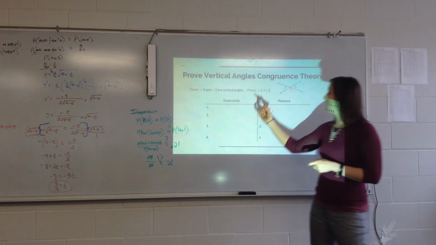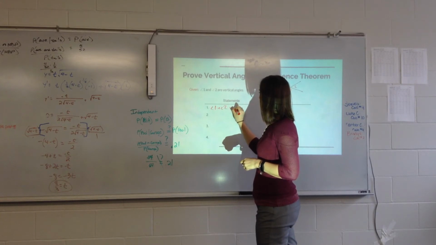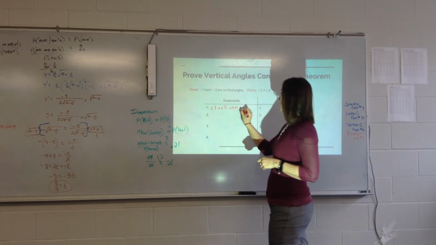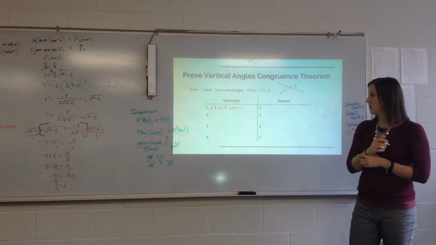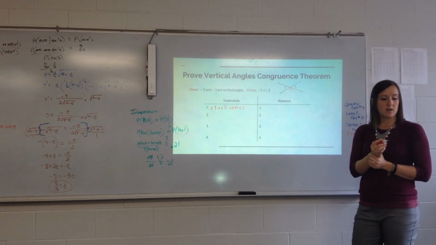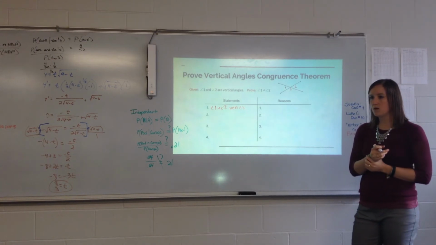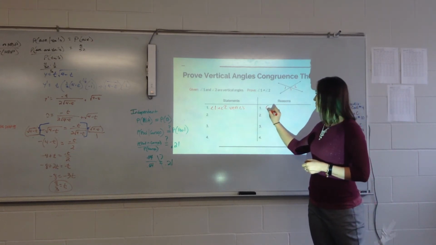Okay? That's given. Remember, you can abbreviate, use that angle symbol. And our reason for that first part is what? What's our reason for number 1? Given. Right? That's always given.